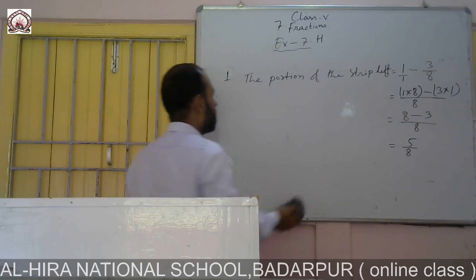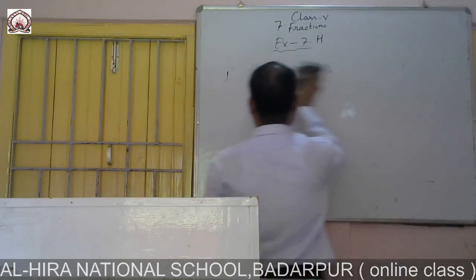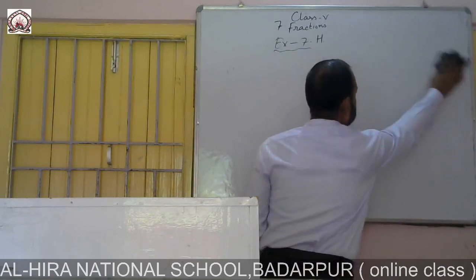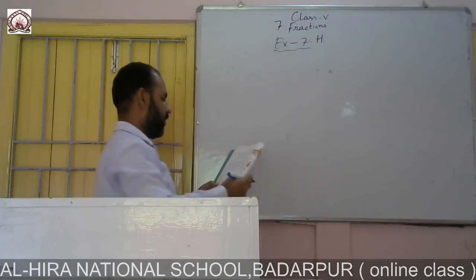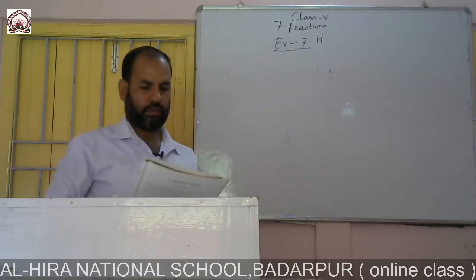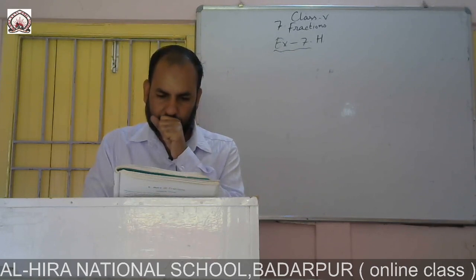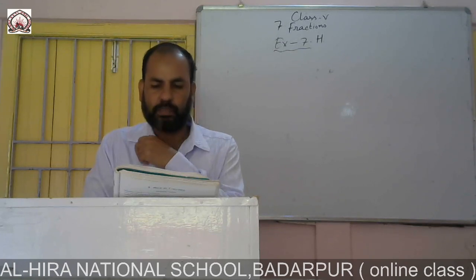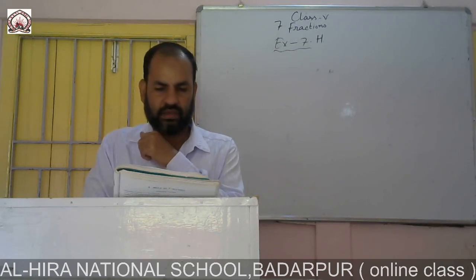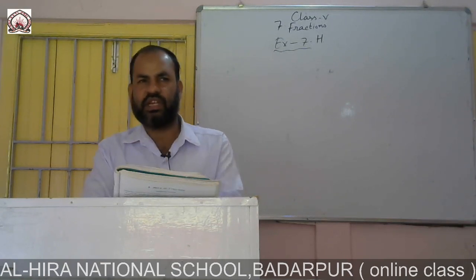Question number 2. Molly and Barun each eat 5/12 parts of a cake. What portion of the cake was left?